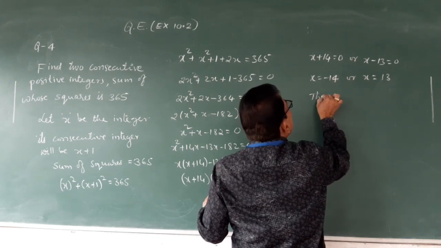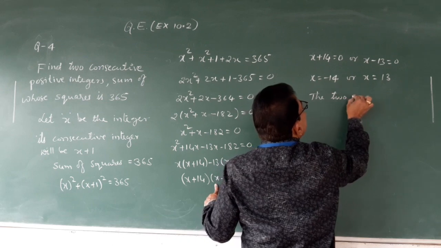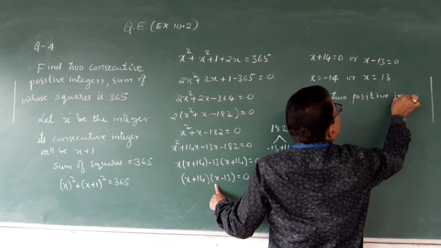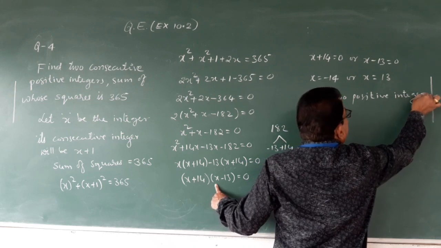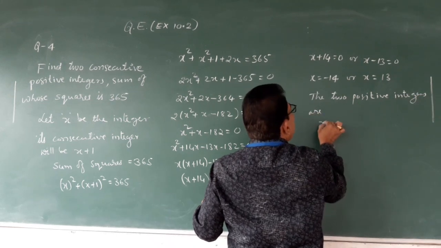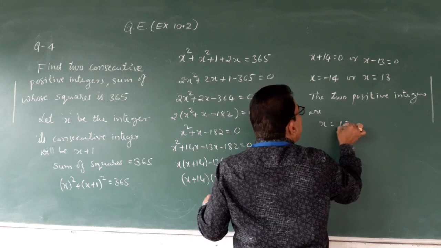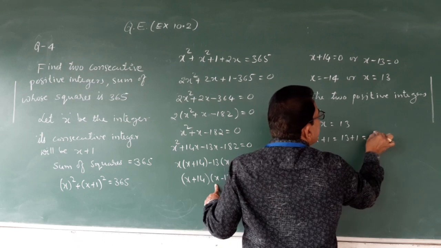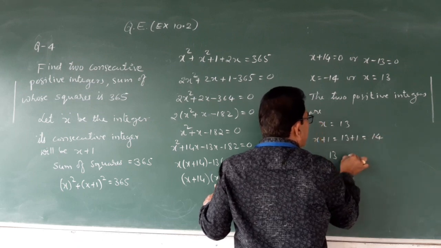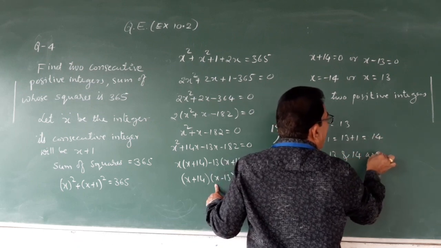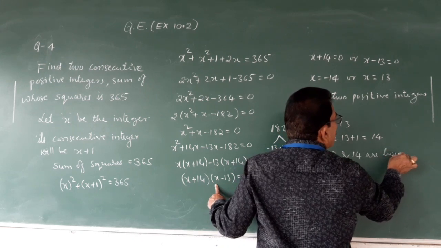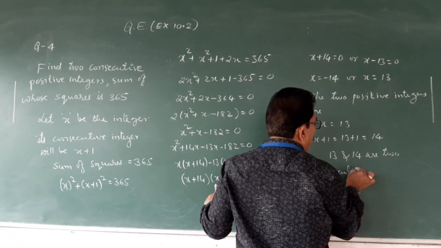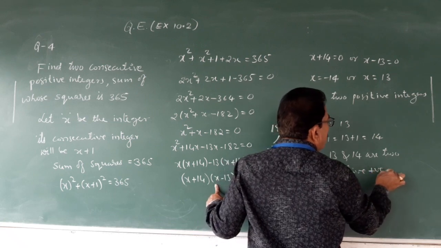So the two positive integers are: x is equal to 13, x plus 1 is 13 plus 1, that is 14. 13 and 14 are the two consecutive positive integers.